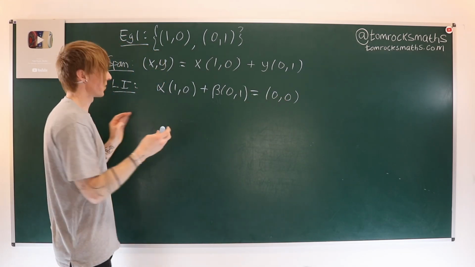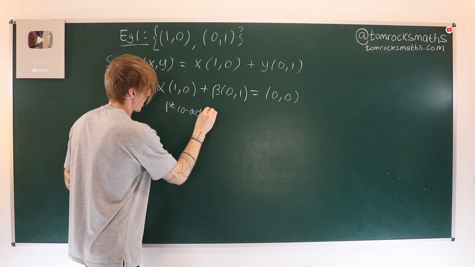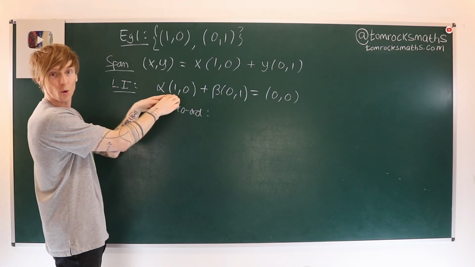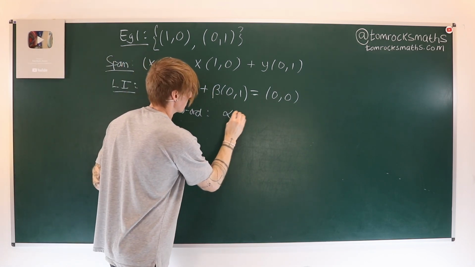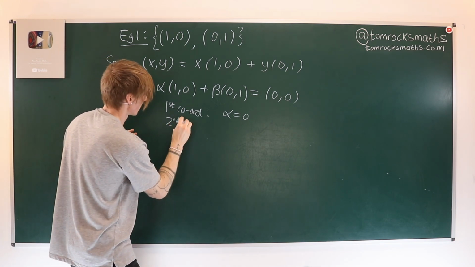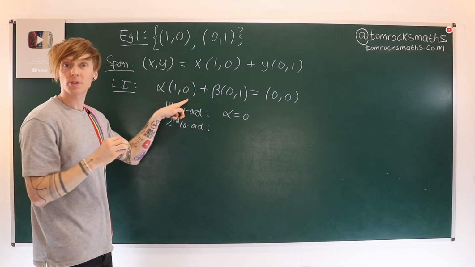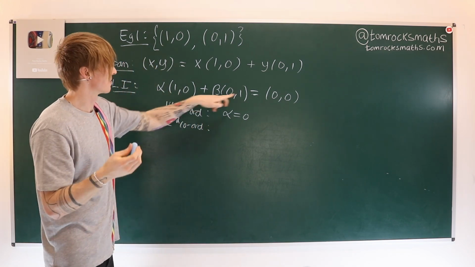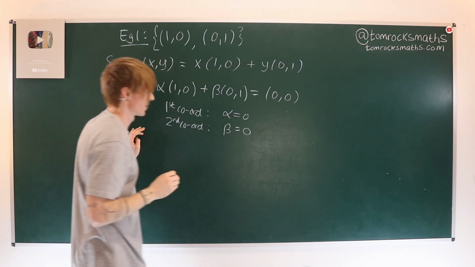If we look at the first coordinate, we get the equation alpha times 1 plus beta times 0, so alpha must be 0. In the second coordinate, we get alpha times 0, which is 0, plus beta times 1, which has to equal the second entry, which is 0.